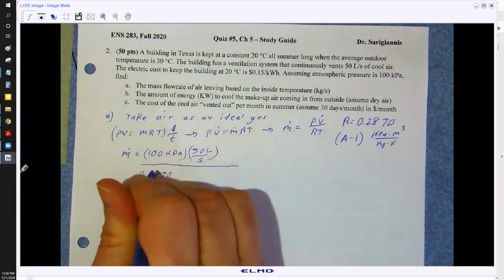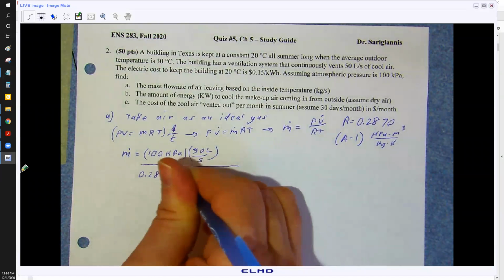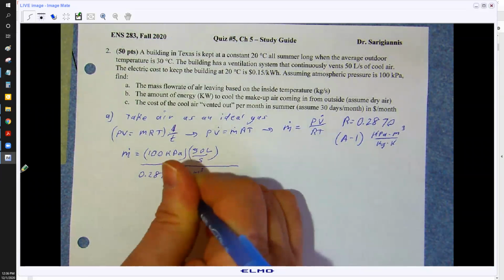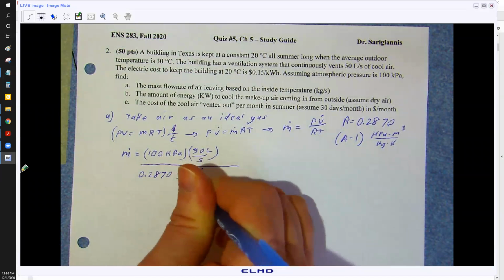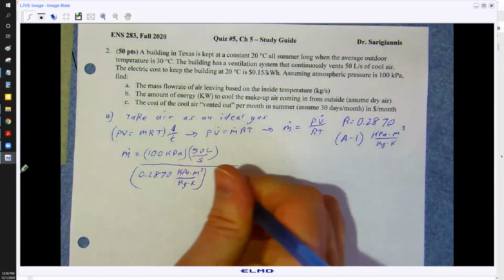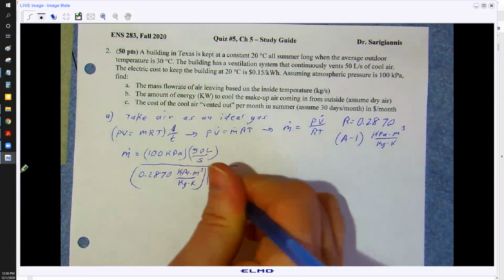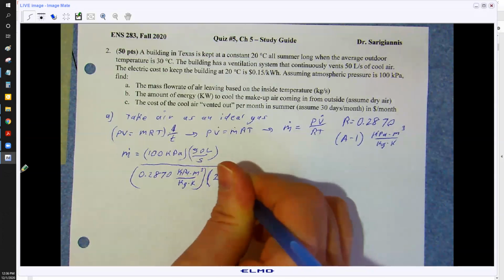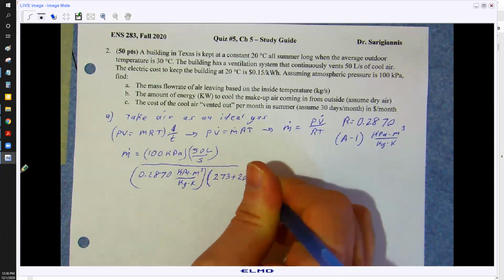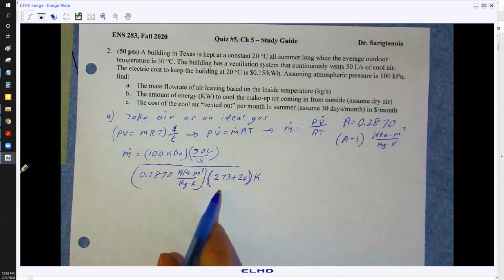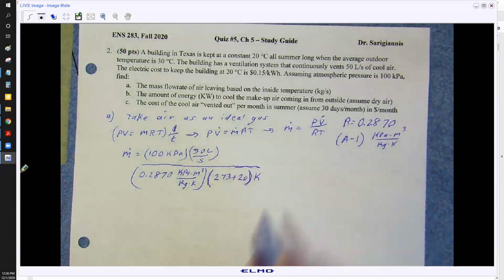Look at the units on this: kPa meter cubed per kilogram Kelvin. Do you see liters anywhere? Not yet, right? And then the temperature is going to be 273 plus 20 Kelvin, right? You need to use the absolute temperature in the ideal gas law.